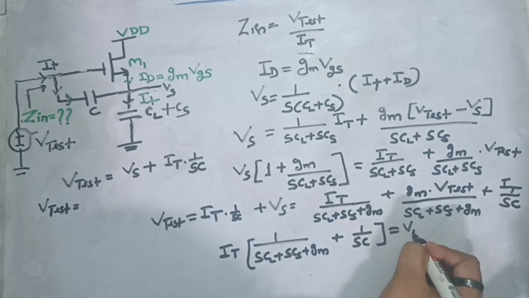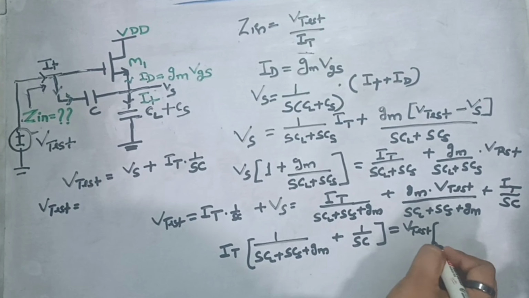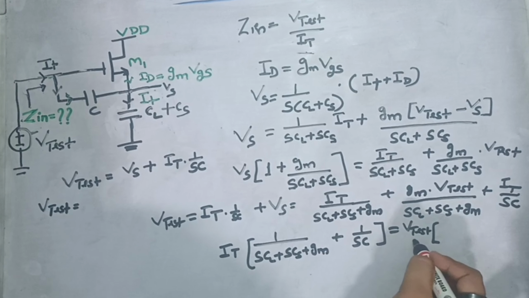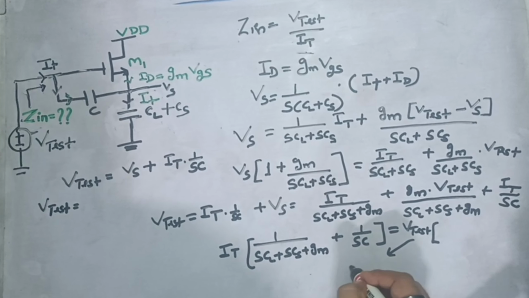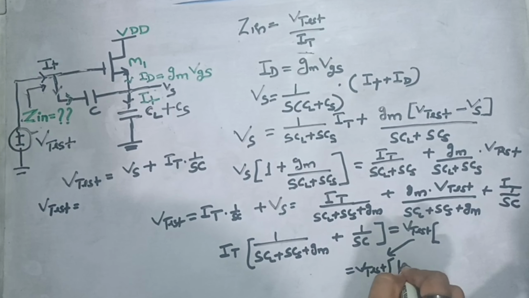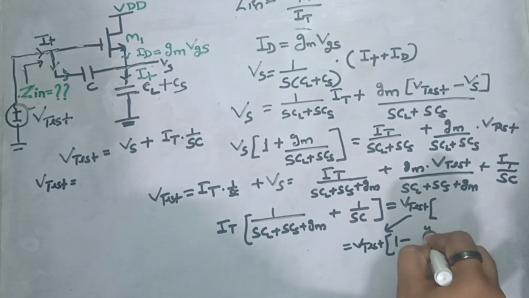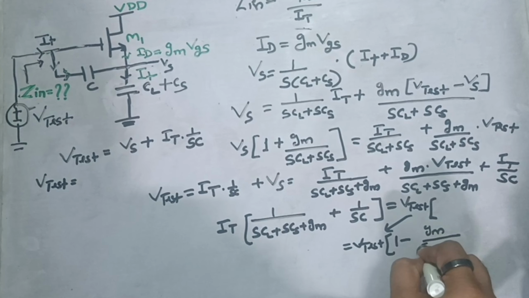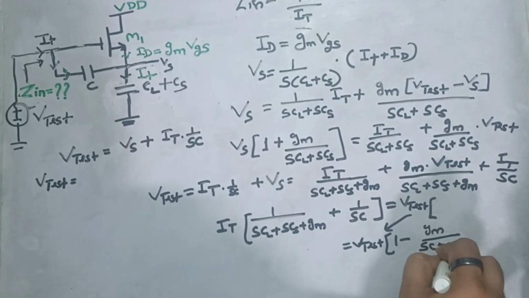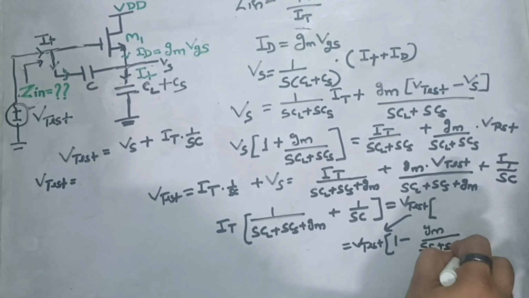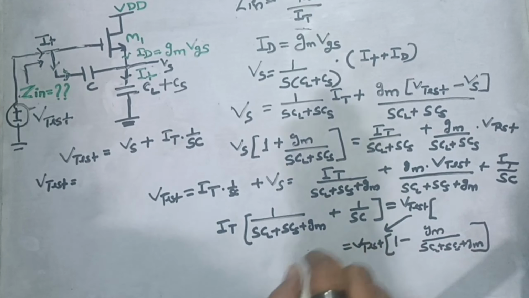So if I take V test as common, I will get 1 minus Gm upon SCL plus SCS plus Gm. This is what I will get.